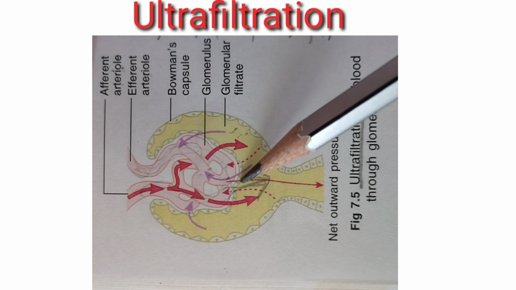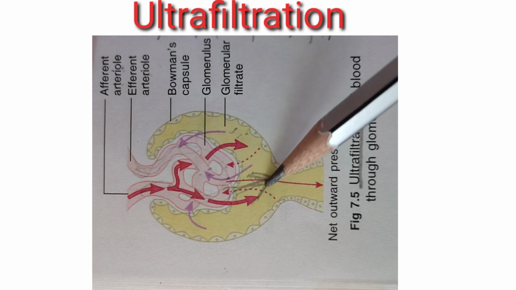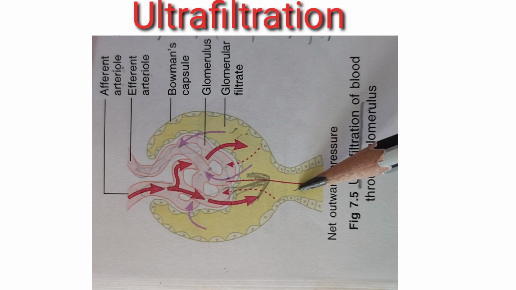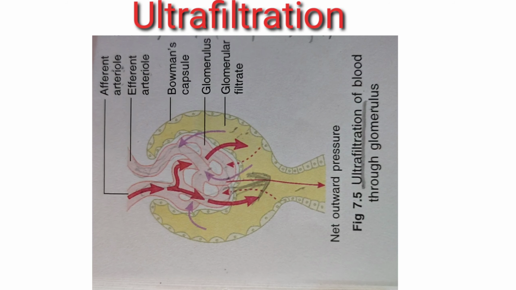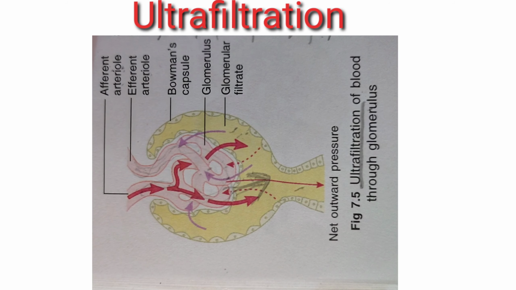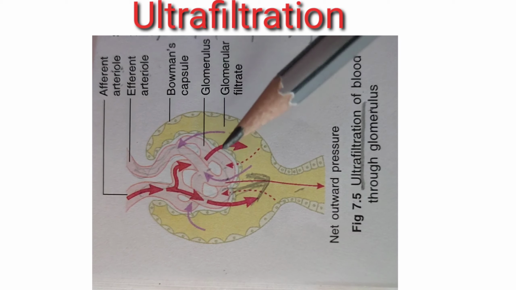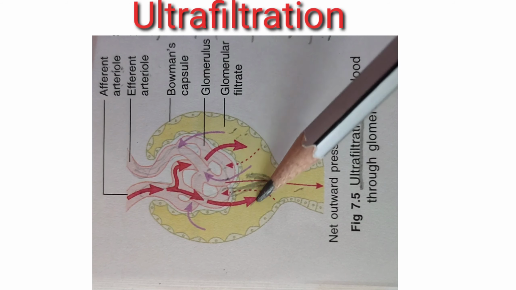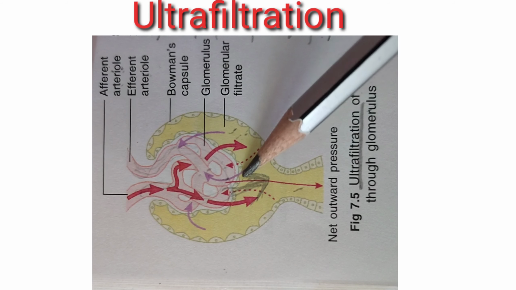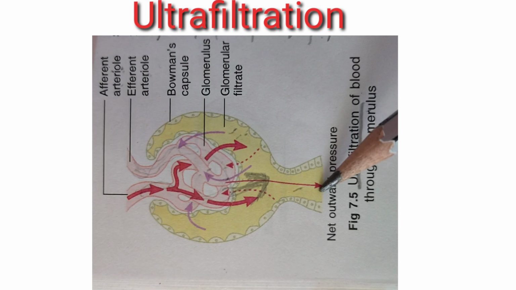So what kind of substances move towards your renal tubule? Substances such as urea, glucose, amino acids, some of the vitamins, inorganic salts. Except the blood corpuscles, most of the substances enter your renal tubule, or you can say the proximal convoluted tubule.